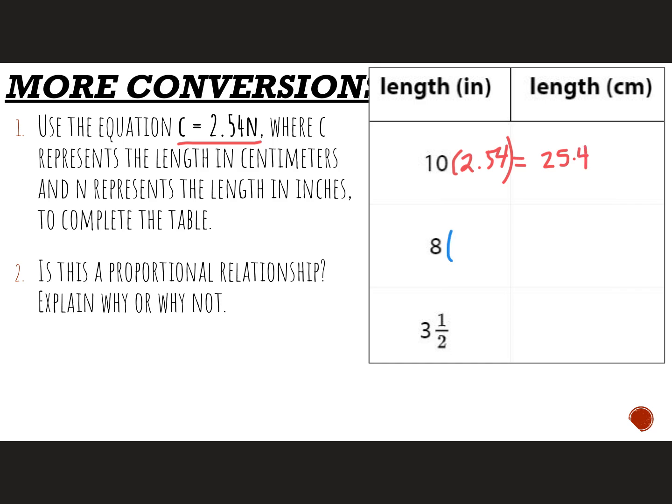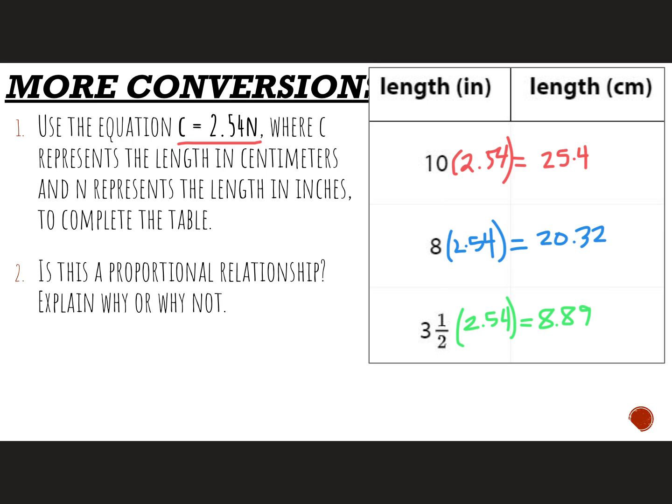For the second one, when I multiply by 2.54, that's going to give me 20.32. And the last one, when I multiply 3.5 times 2.54, that's going to give me 8.89.